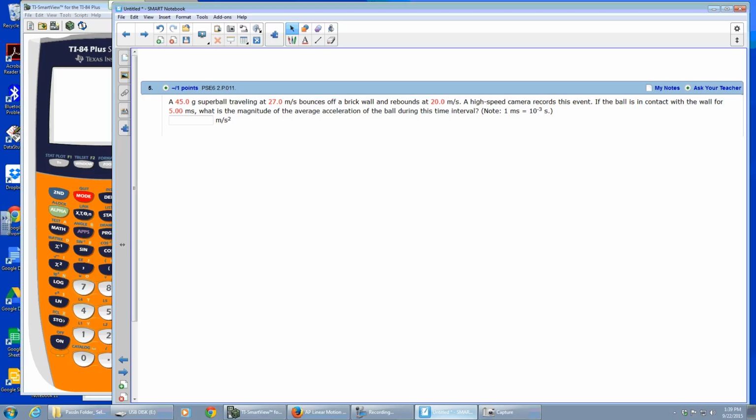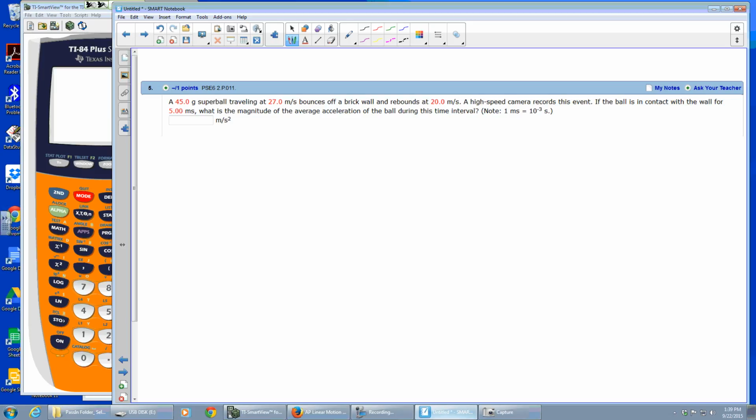Alrighty. So I am going to use, let's see, I know the initial velocity, I know the rebound velocity, I know the time of contact. So I'm looking, again, it's going to be a constant acceleration because we can approximate the average acceleration, which is another way of saying, hey, consider the acceleration constant, right? Non-time dependent.